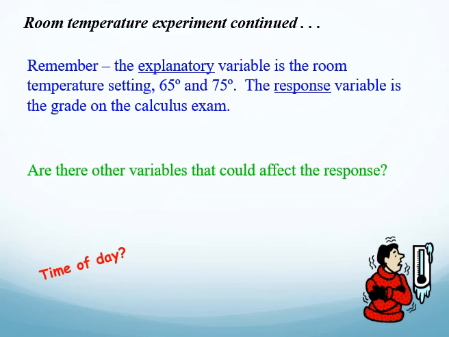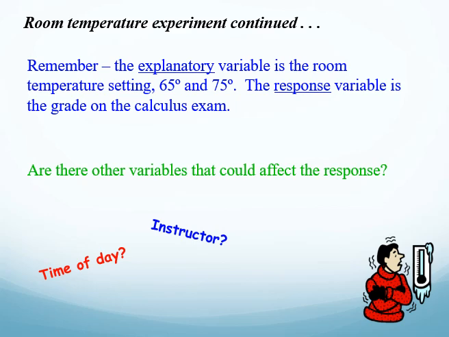College courses can be at various times of the day. So maybe when you have class at 7 in the morning, people don't do as well, right? Maybe late at night, people don't do as well. So maybe in the midday people are doing better, and it has nothing to do with the temperature, but really is the time of the day that's affecting it.